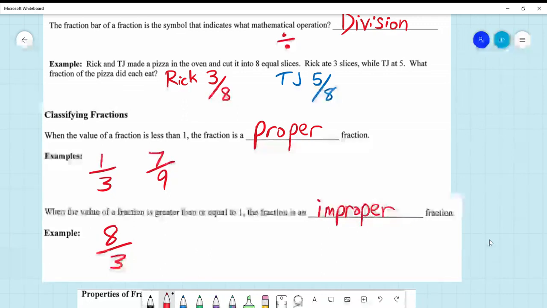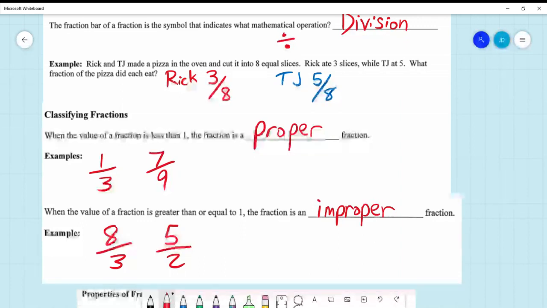We might have a number like 5/2 or 5 over 2. That's an improper fraction. They're greater than 1. They represent a quantity that is larger than 1, or you can think of it as being to the right of 1 on a number line.